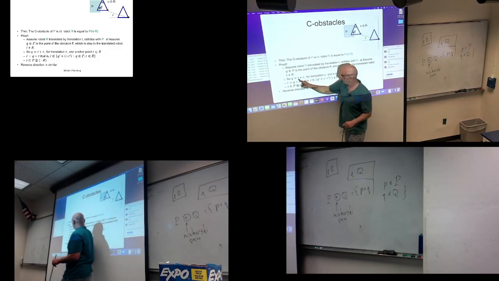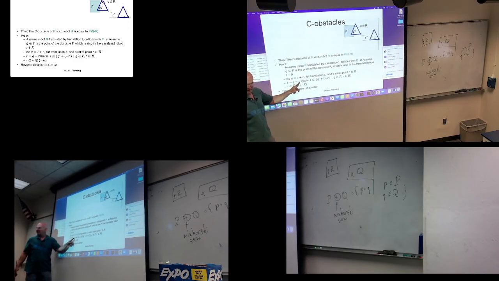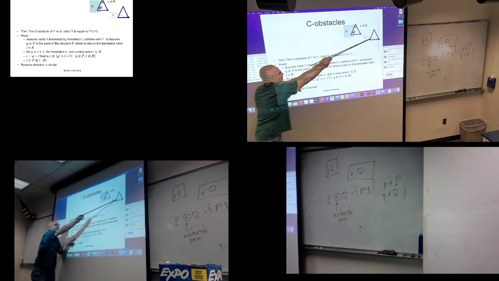So I want to ask, where is this translation T? So Q equals T plus r, then T equals Q minus r. If the translation T plus some point of the robot equals some point of the obstacle, then T equals this point Q of the obstacle, minus r, some point, I don't know which exactly, but some point of the original robot, before the translation.